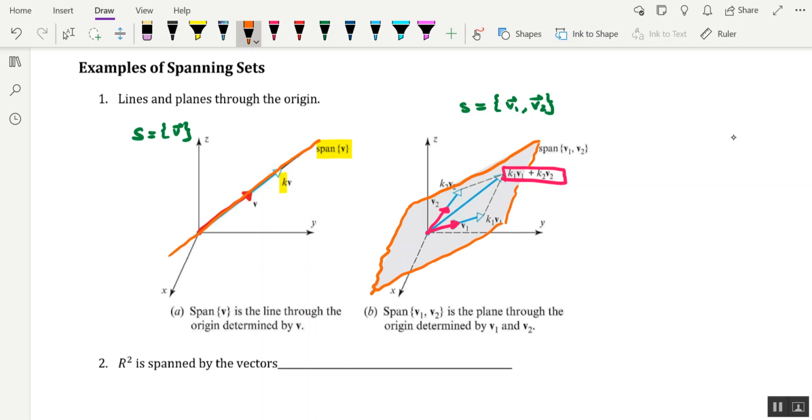It goes to the origin because V1 and V2 are connected directly at the origin. So this plane is generated by the vectors V1 and V2, meaning it's spanned by these 2 vectors, which is why you're seeing it written span of V1 and V2.